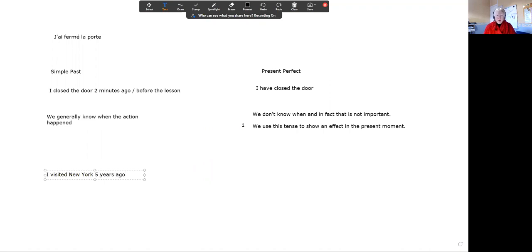I visited New York. Generally, we say when. Okay, so similarly to my example with closing the door, I say when, or in 2016. Yes, I visited New York in 2016. I tell you when I visited New York.